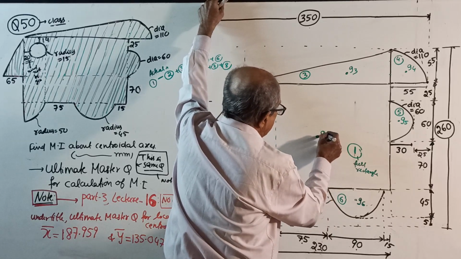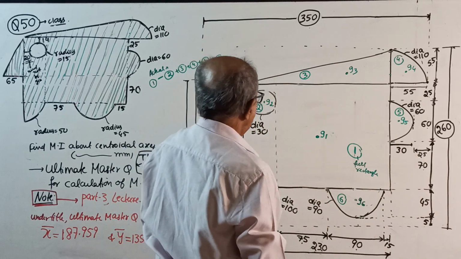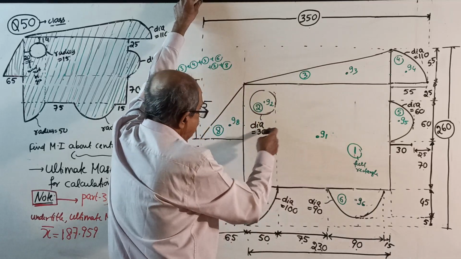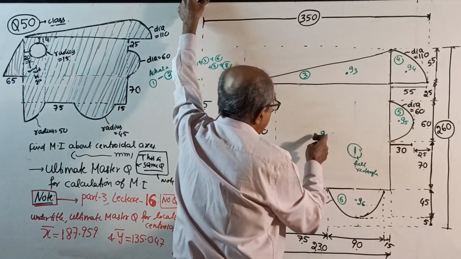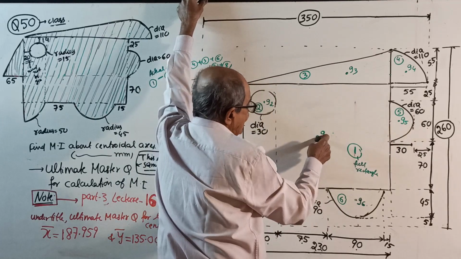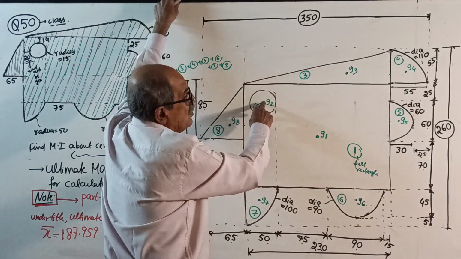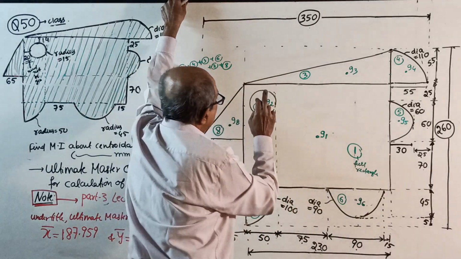See, G1, centroid for 1. Remember, half of 230, half of 260. Cleared. For circle, centroid is there only. Center.